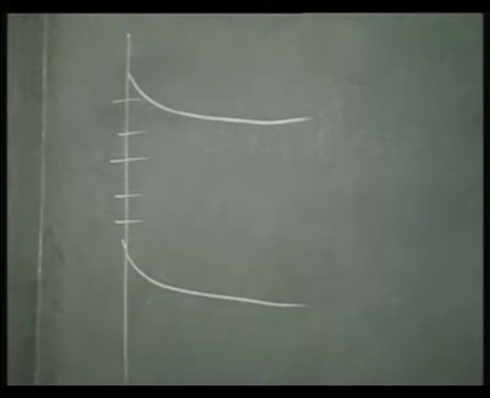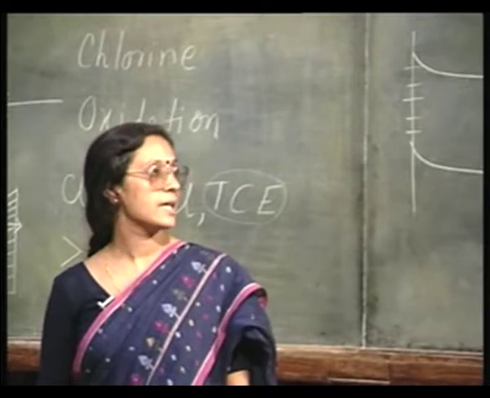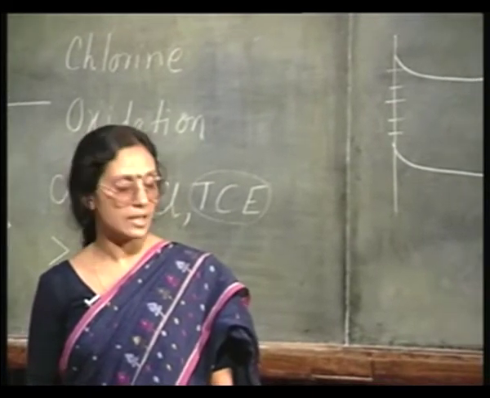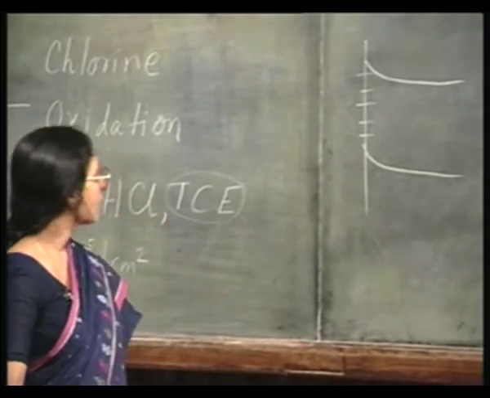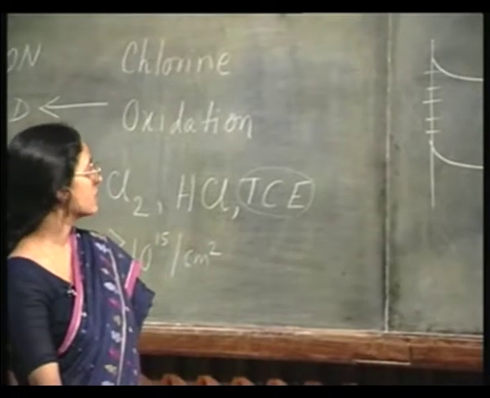So, as the bands bend because of the application of a gate voltage, as the bands bend up or down, these interface states change their occupancy, therefore their electronic activity changes, and correspondingly they affect the device performance.